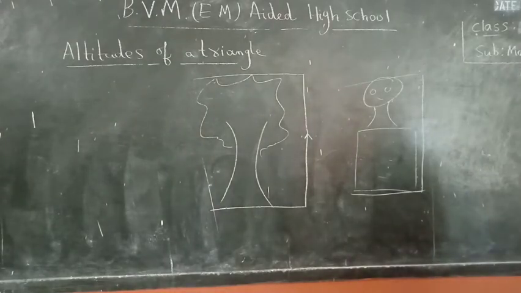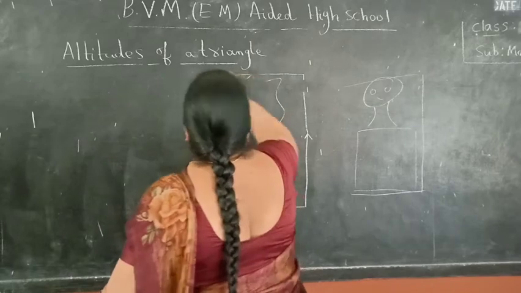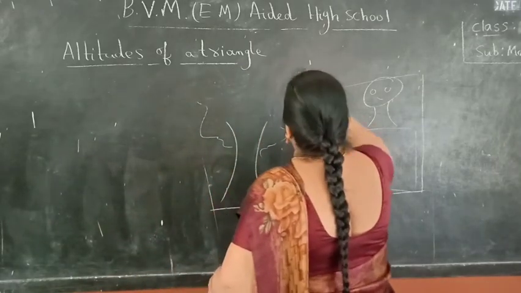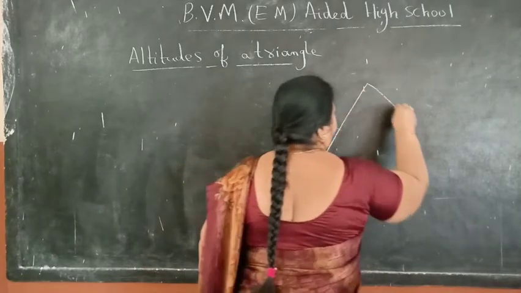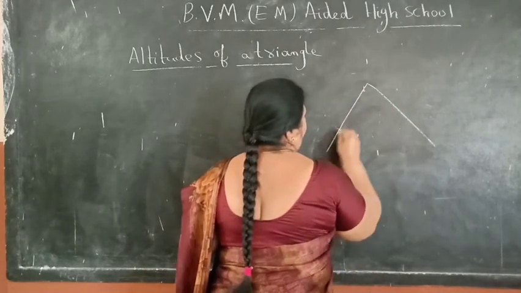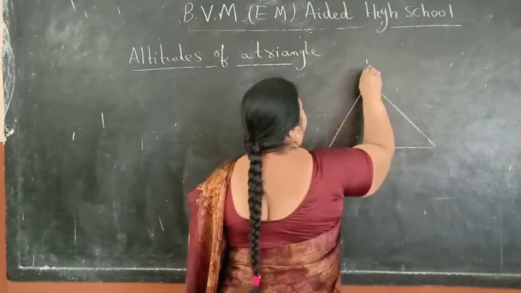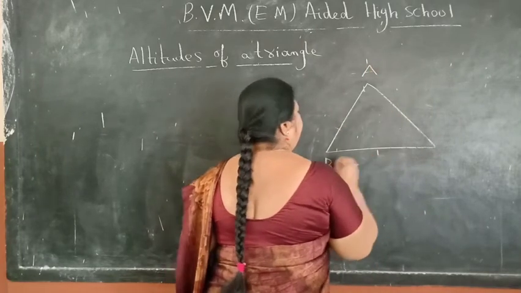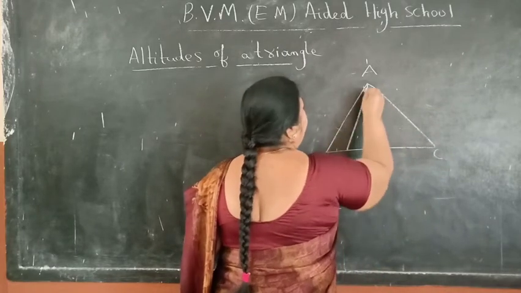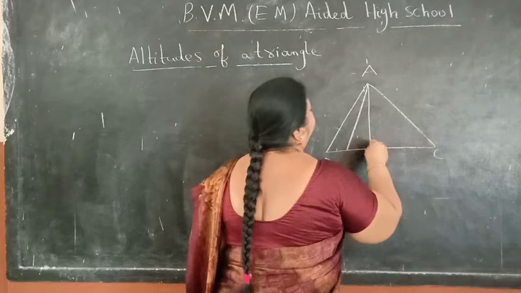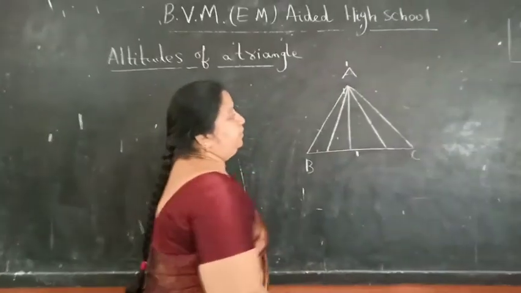How do you find the height of a triangle? Take triangle A, B, C. From A, many line segments are drawn to the base BC.